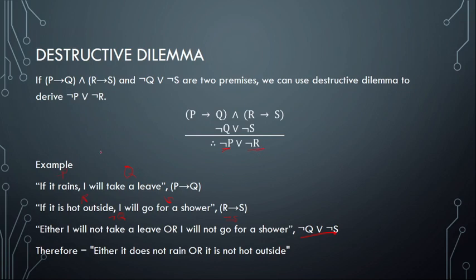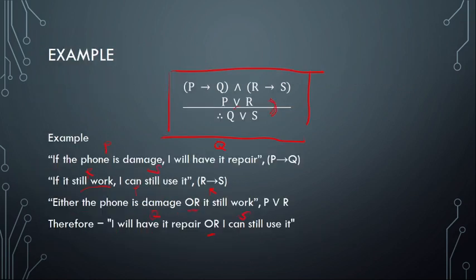Since it is negated, we negate the if it rains and the if it is hot outside. Either it does not rain, or, the connective, it is not hot outside. It is important to remember that the destructive dilemma uses negation, unlike the constructive dilemma, which is not negated.